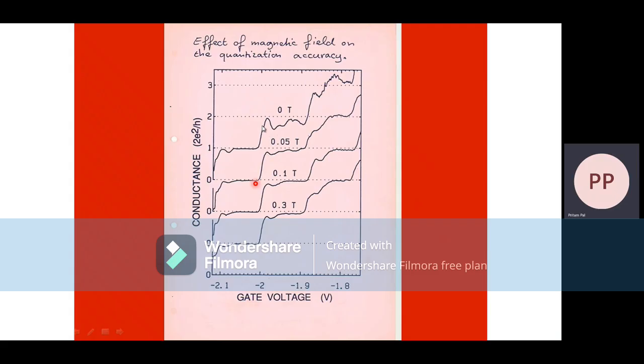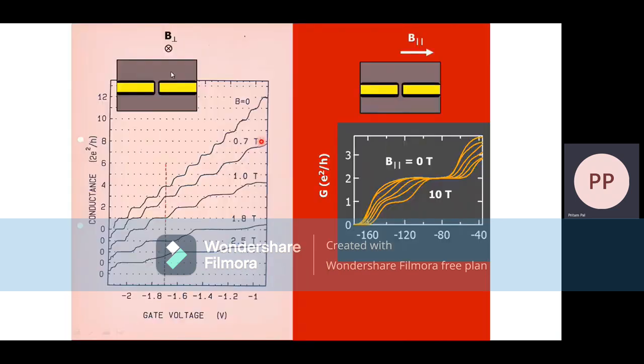that was applied perpendicular to the surface of the two-dimensional electron gas, like in the focusing geometry that we discussed already, eventually the features become much more clear. So the conductance quantization can be recovered by applying a higher magnetic field. And the physics behind this is suppression of backscattering by cyclotron trajectories.